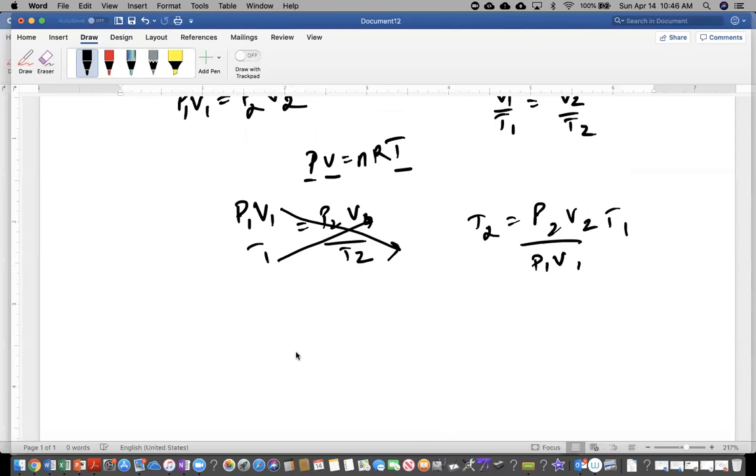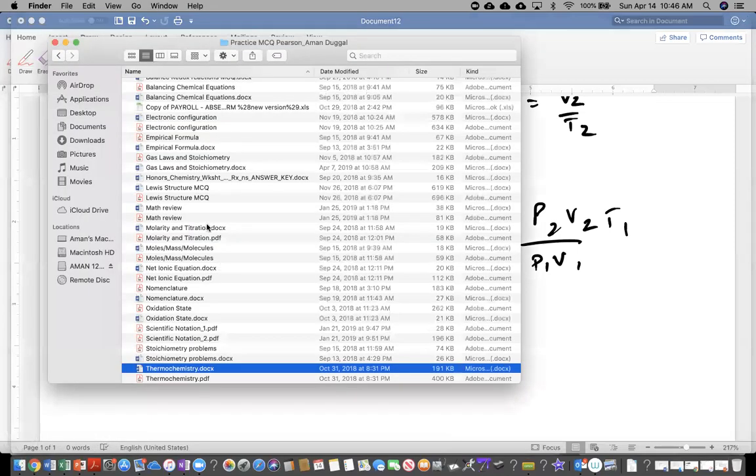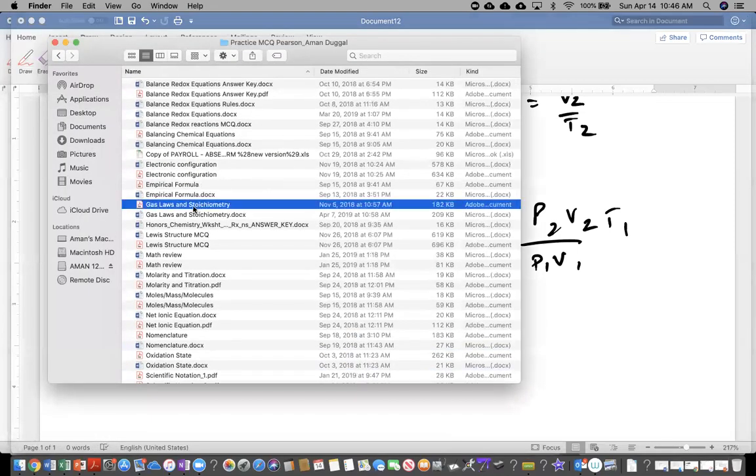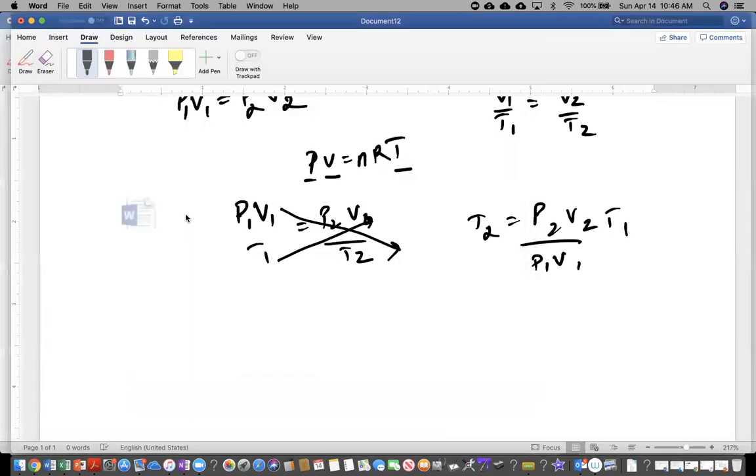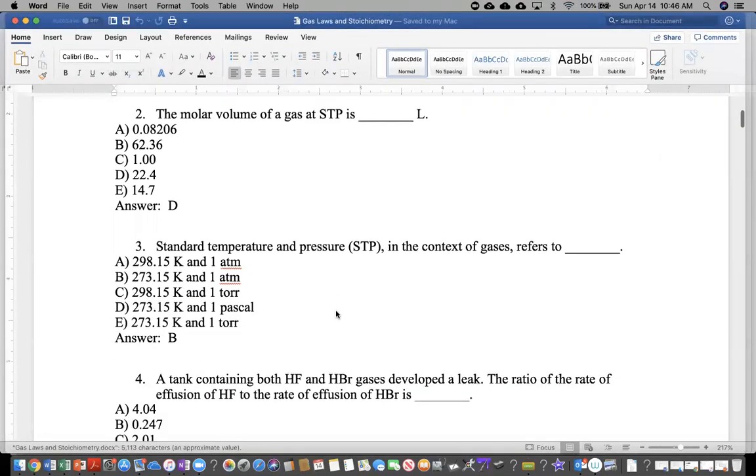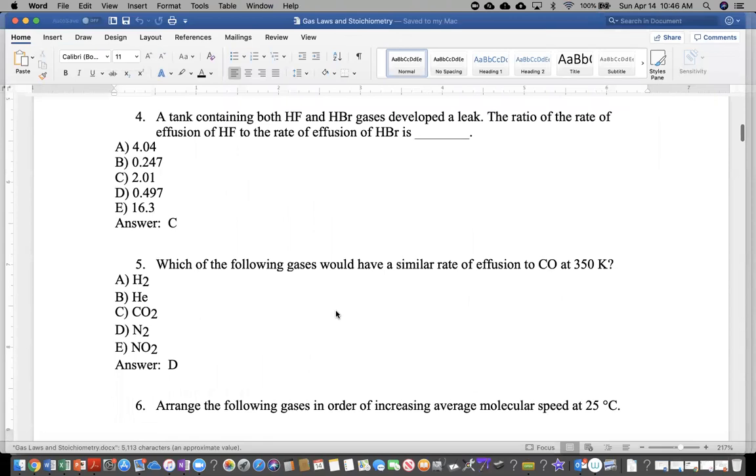These are the ones that you use when you're given a question where things are changing. Remember I was giving this example all the time in the class that you are in Menifee and then you're going to Big Bear. See, the conditions are changing, pressure changed, the volume must change.